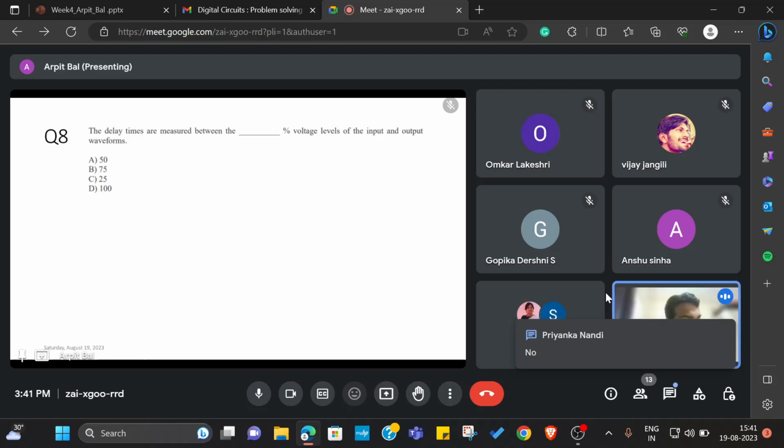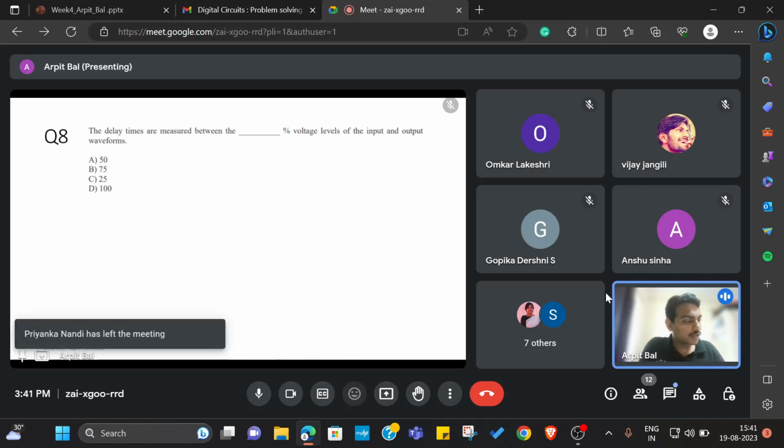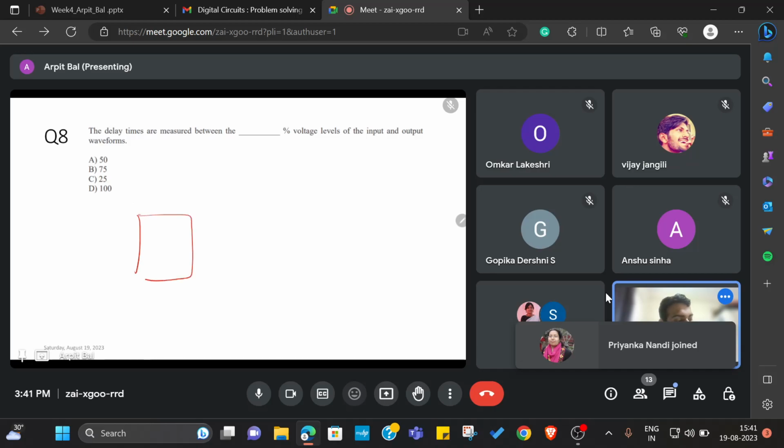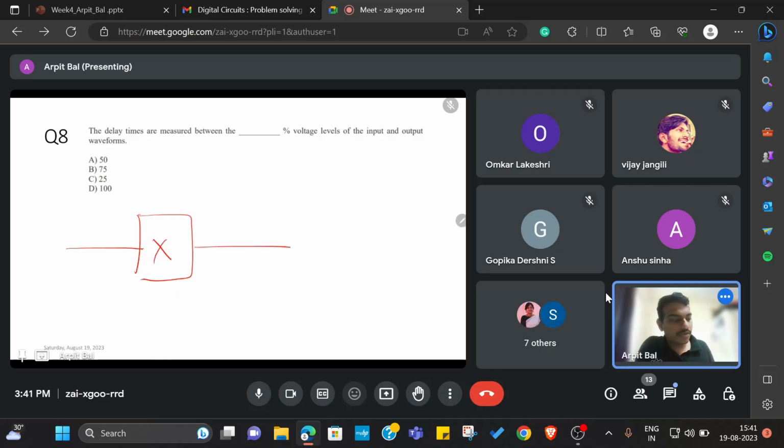Okay, so this is regarding the propagation delay. What it is asking is, the delay times are measured between the dash percentage voltage levels of the input and output waveforms. Let's say there is a gate, we can call it any gate, let's call it gate X. At the input of gate X, I am applying a waveform, and I get the output after some time.